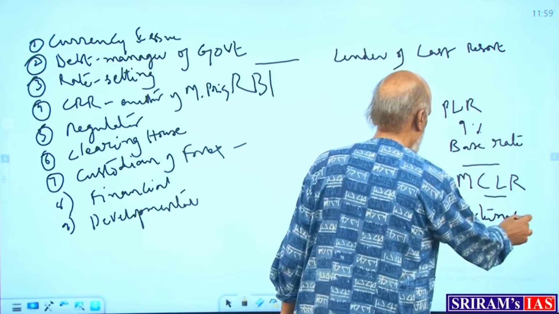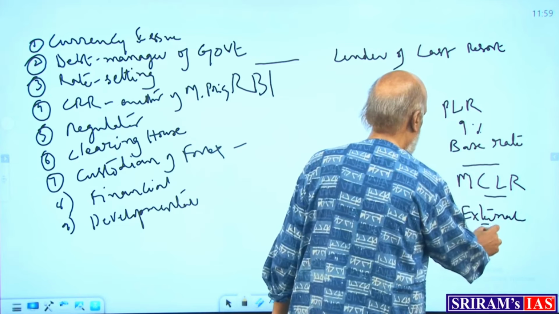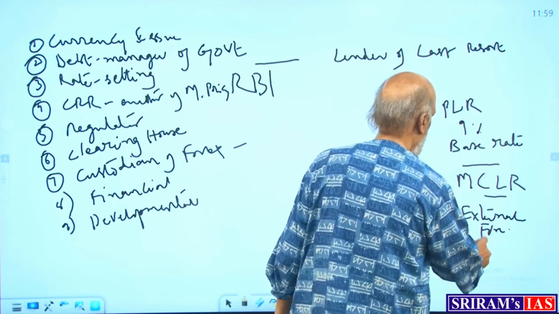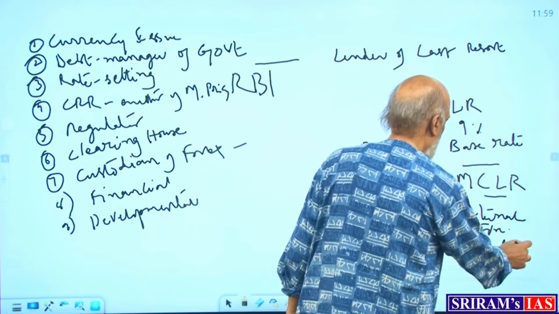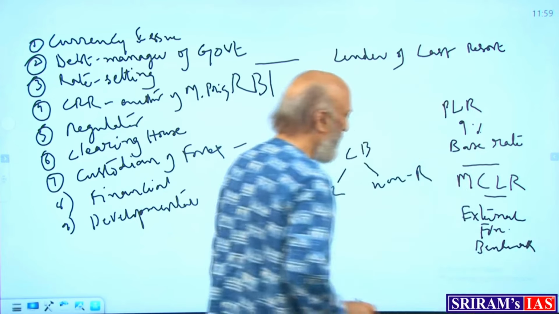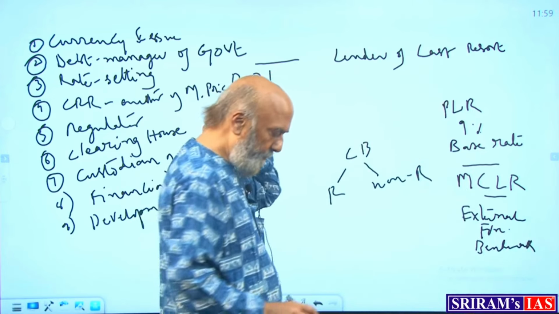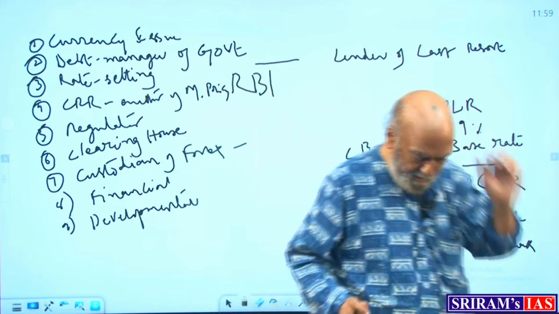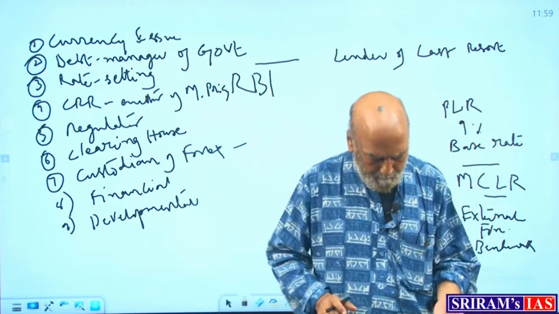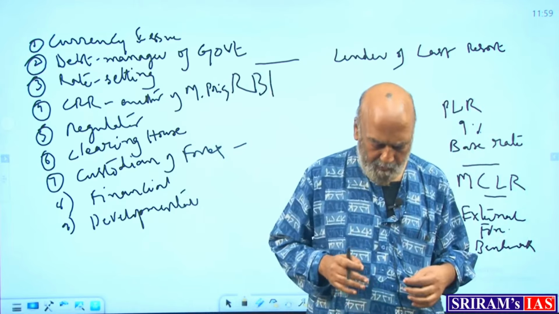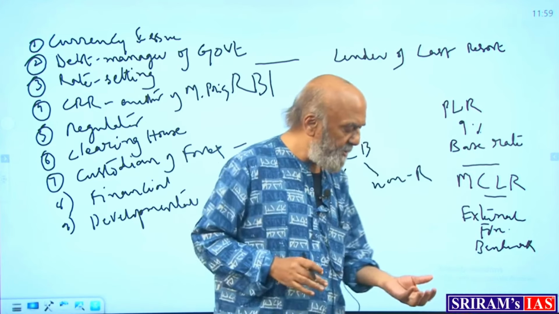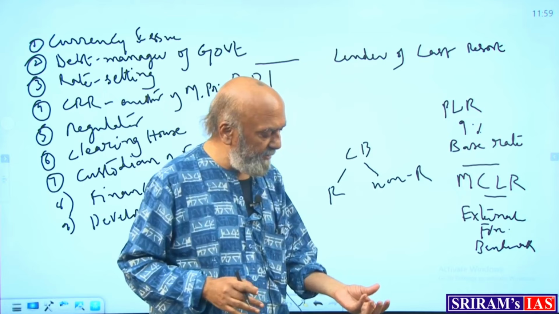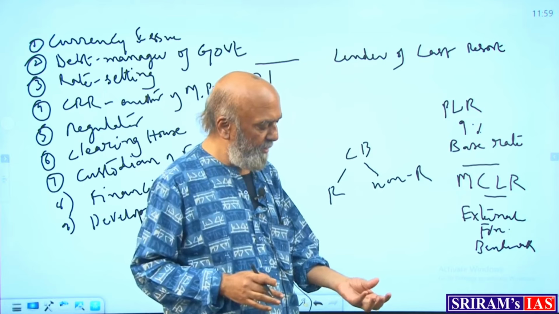External financial benchmark. Okay. External financial benchmark means I want a loan for 6 months. So what will you charge me in the form of interest for the 6-month loan?